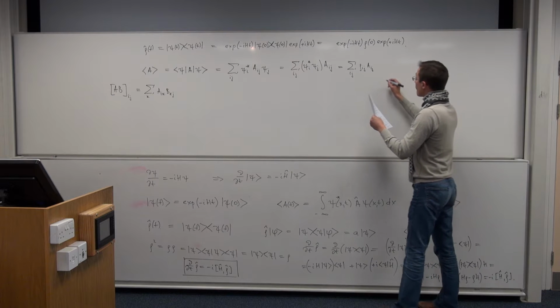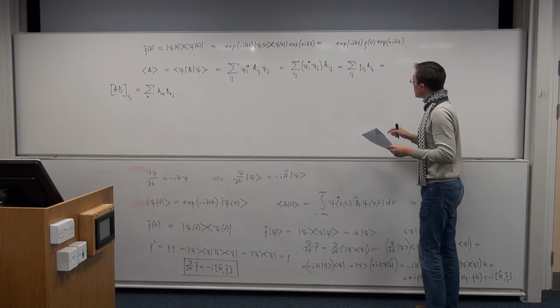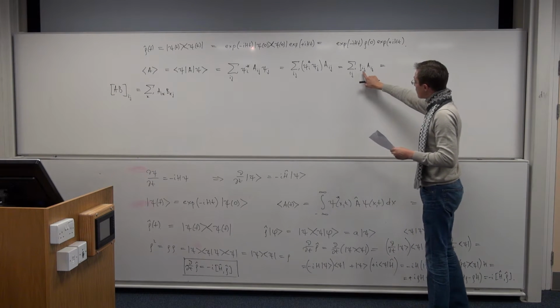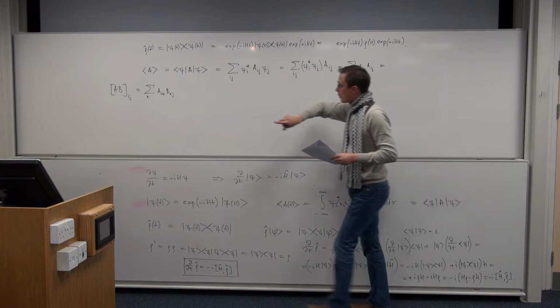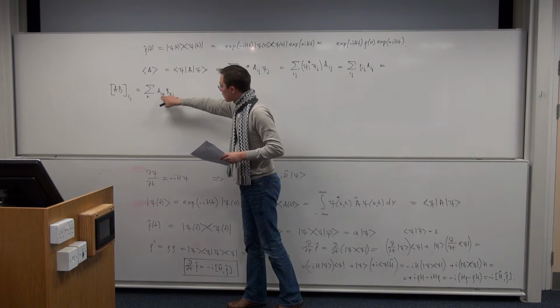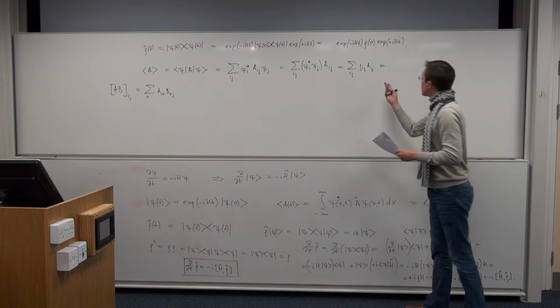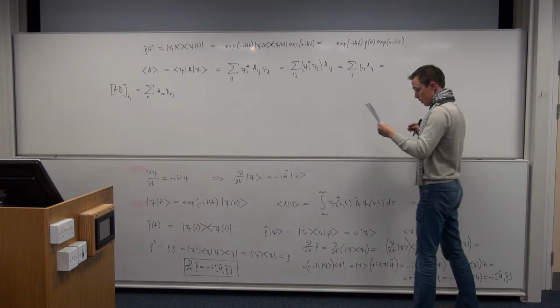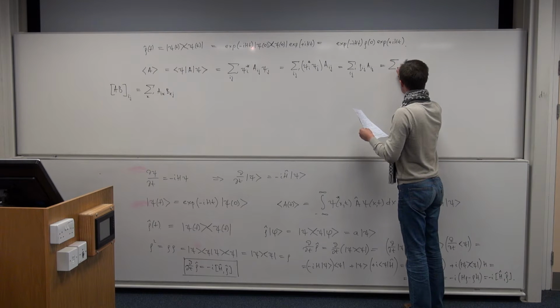So for that we need the 2 indices not in the same order, but we need the middle index inside. And for that we just need to transpose things and conjugate them as well, because A is assumed.